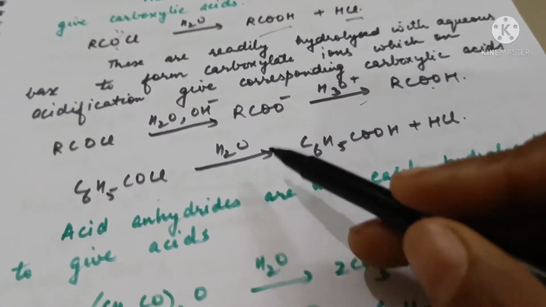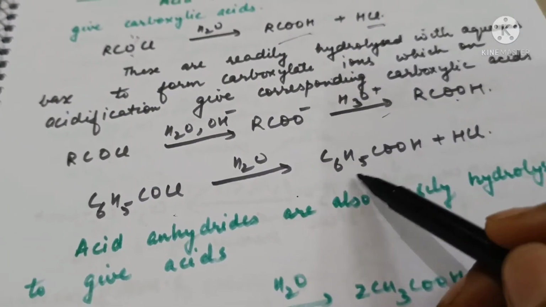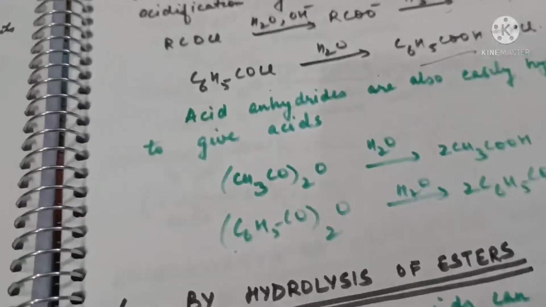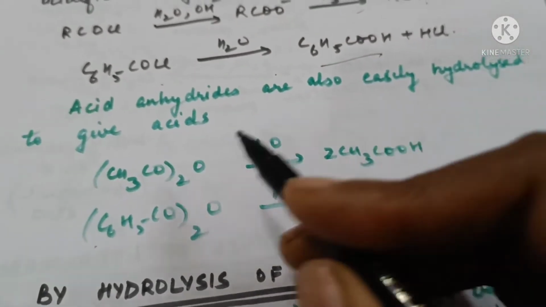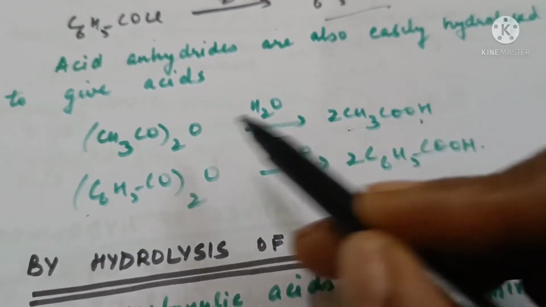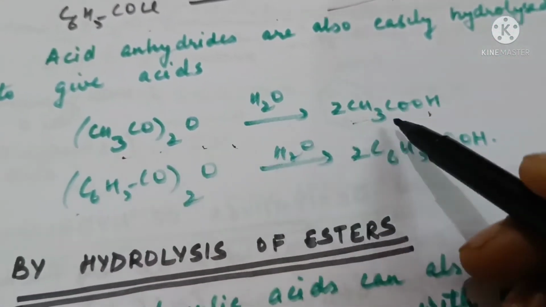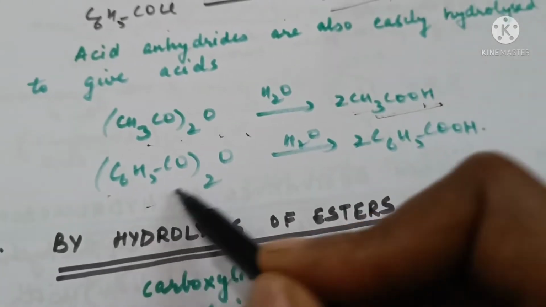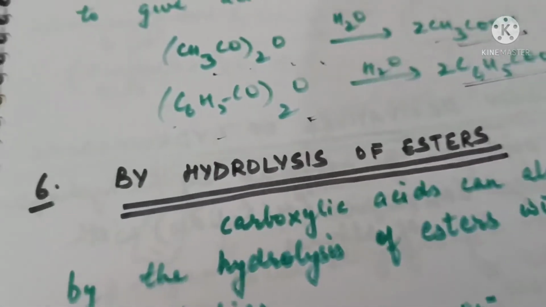So benzoyl chloride on hydrolysis will form benzoic acid. Acid anhydrides are also easily hydrolyzed with water to give the respective acids. For example, ethanoic anhydride will give ethanoic acid, benzoic anhydride will give benzoic acid.